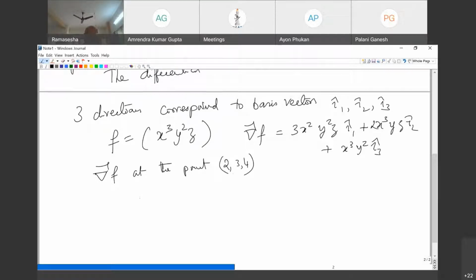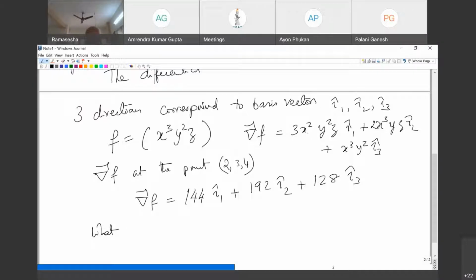So grad f is given by 2 squared is 4 into 9 is 36, into 4 is 144. It is going to be 144 times I1 plus 2 into 8 is 16, 16 into 12 is 192 times I2 plus x cubed y squared, that is 8 times 16, is 128 I3.